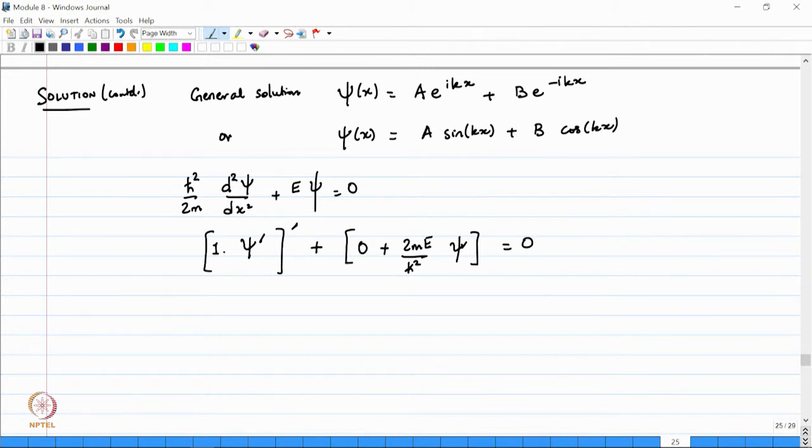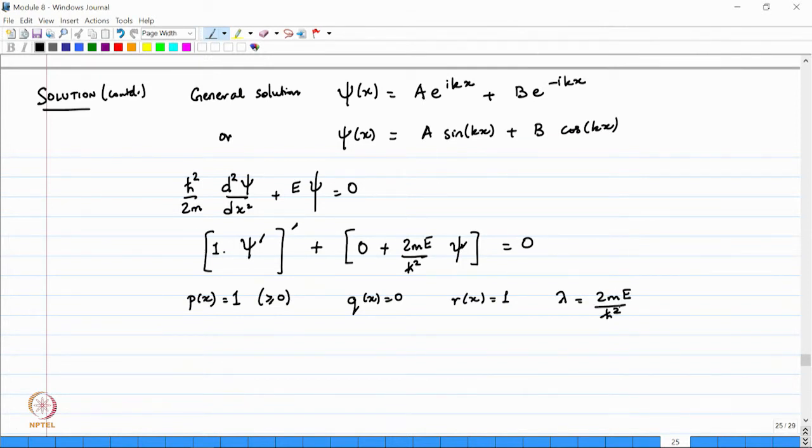Okay, I wrote it in this form. You can immediately see that p of x is equal to 1, which is greater than or equal to 0, q of x equal to 0, which is again greater than or equal to 0, r of x equal to 1, lambda is equal to 2 m E by h cross square.